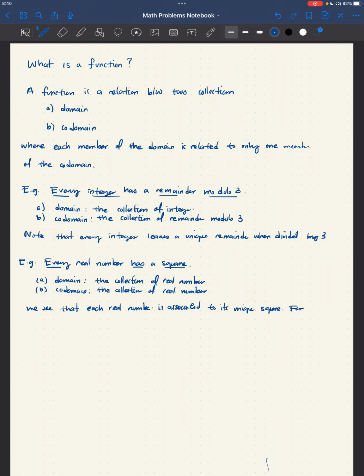For example, 3 goes with 9, and negative 2 goes with 4.